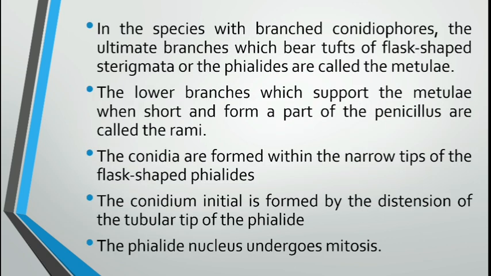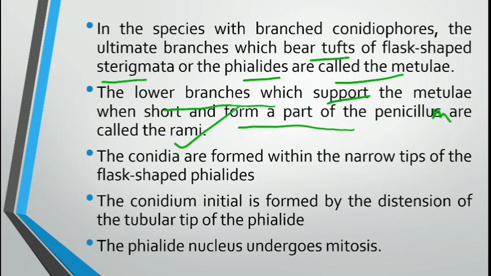In the species with branched conidiophores, the ultimate branches which bear the tops of flask-shaped sterigmata or the phialides are called metulae. The lower branches which support the metulae and form a part of the penicillus are called rami.